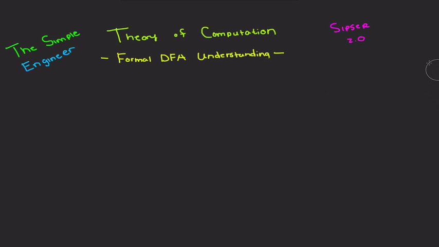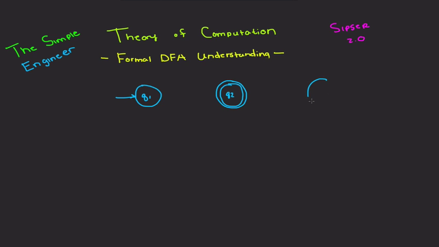Okay, so the example that I want to give is we're going to build a basic DFA. Our basic DFA is going to have 3 states. We'll have a state here, and this will be our start state, and we'll denote this by Q1. We'll have an accepting state here. We'll call this Q2, and like I said, the accept states are double circled.